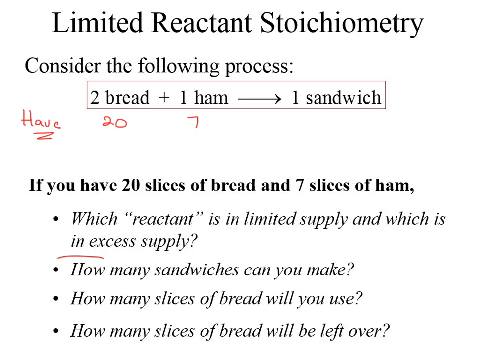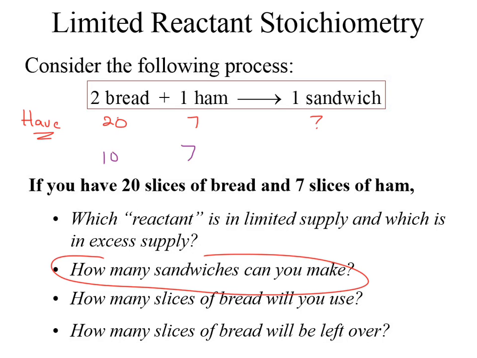Right off the bat, one of the questions is how many sandwiches can we make? Well, you might start to do some ciphering. Looks like I could make 10 sandwiches out of that. Or I could make 3.5 sandwiches, 7 sandwiches out of that.